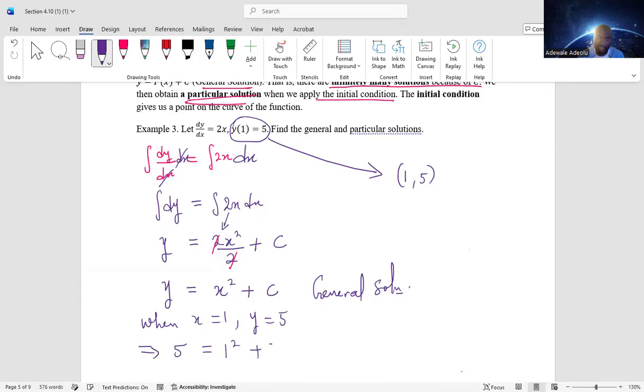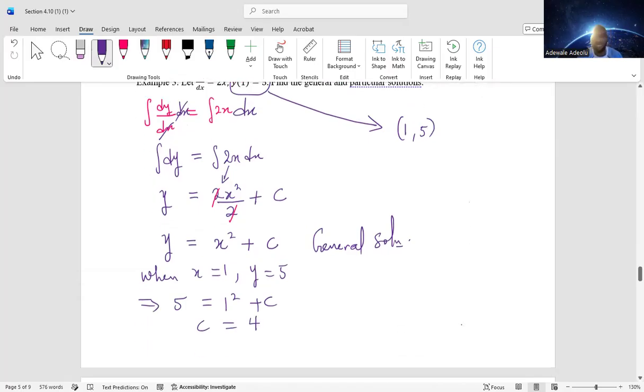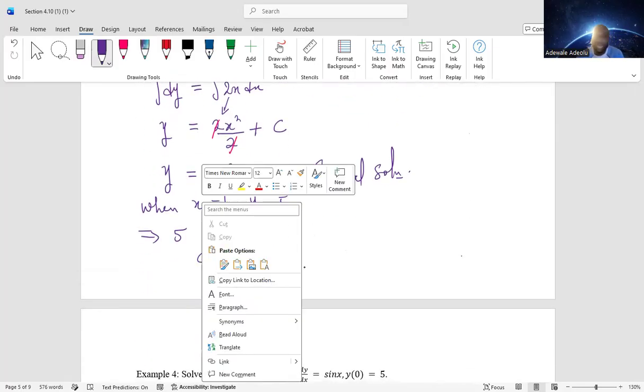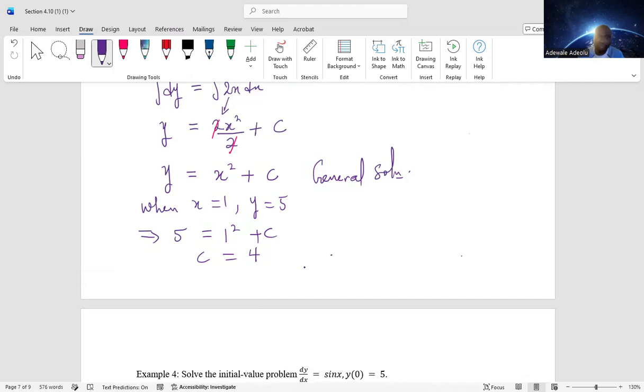So 5 equals 1 squared plus c, which means c in this case is 4. 5 minus 1, that is 4. And we can claim that we have our particular solution, which gives us, therefore, y equals x squared plus 4. This is the simplified one.